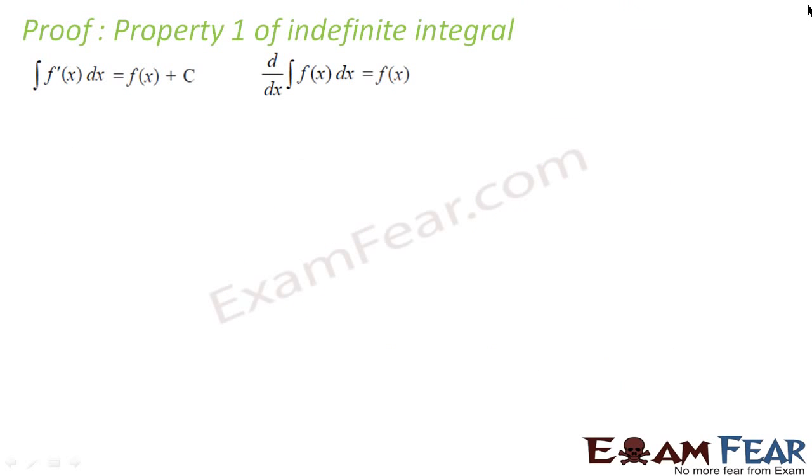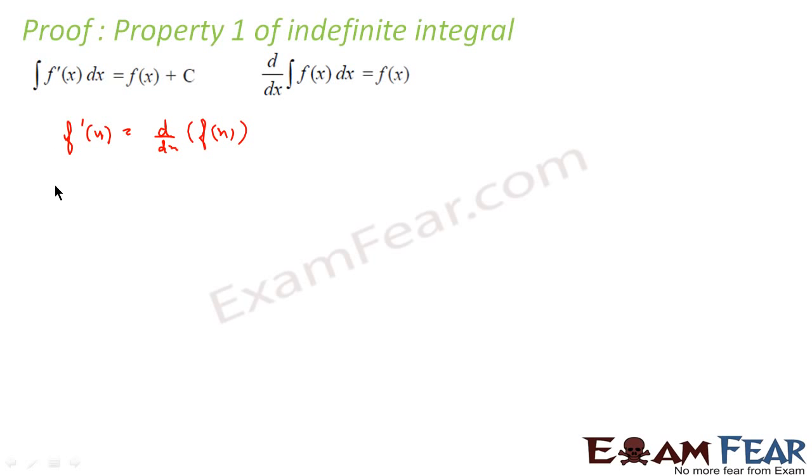The first property says the integral of f'(x) dx is nothing but f(x) plus c. So we know that f'(x) is nothing but d by dx of f(x). This is something which we know, correct? Let's integrate both sides.